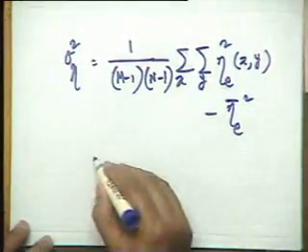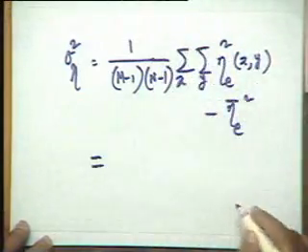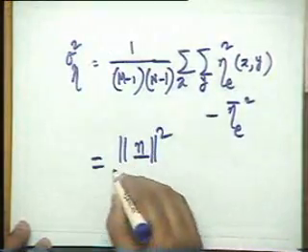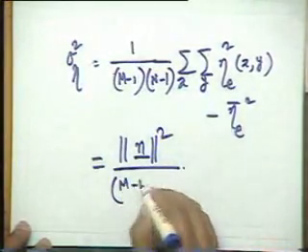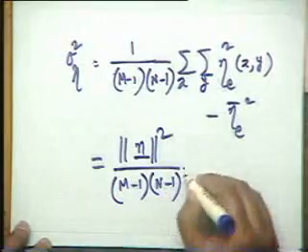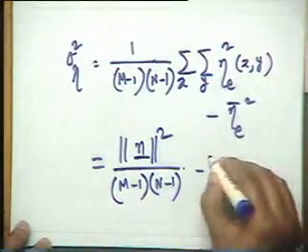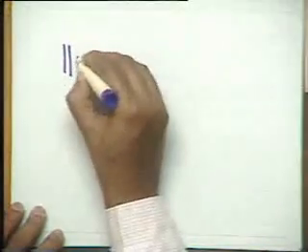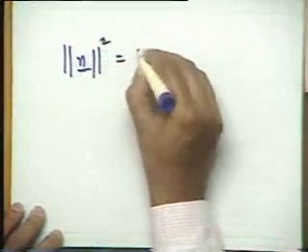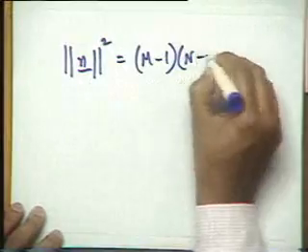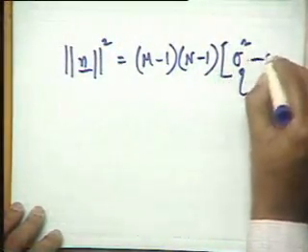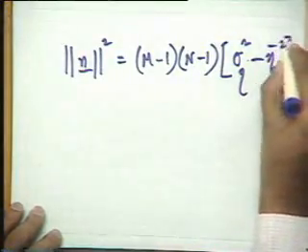This expression can be written as norm of n square divided by m minus 1 n minus 1, minus mean noise eta e bar square. Or rather, from this expression we can get n square as m minus 1 n minus 1 times sigma square eta plus eta e bar square.